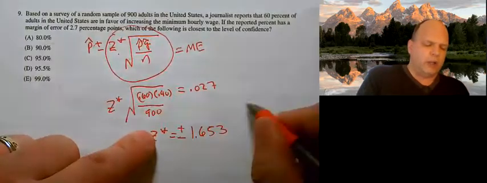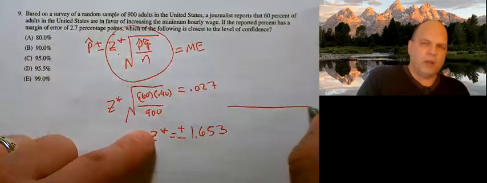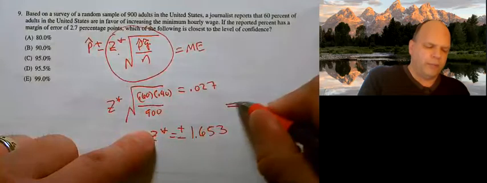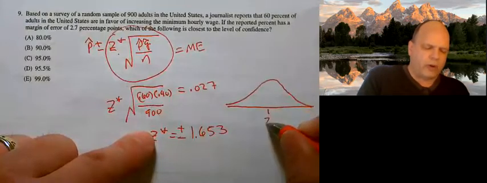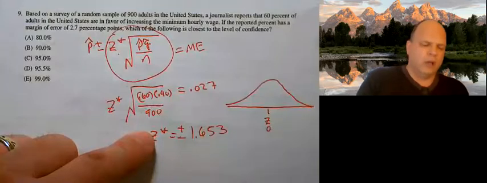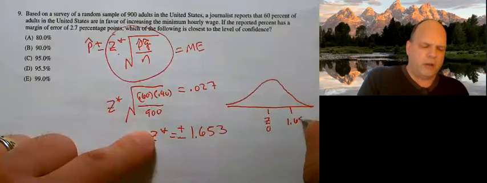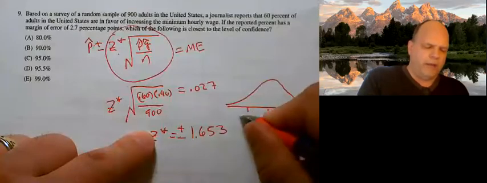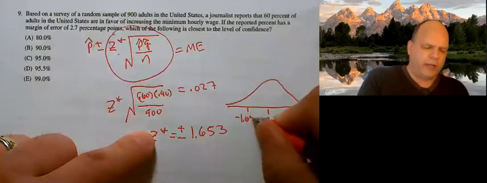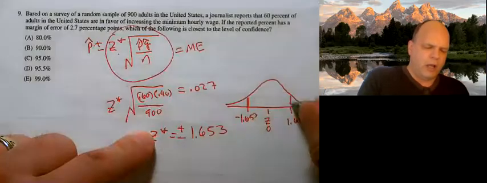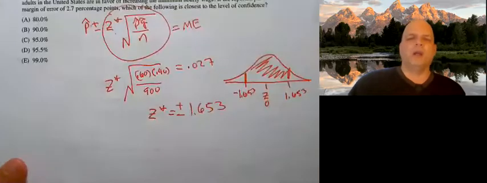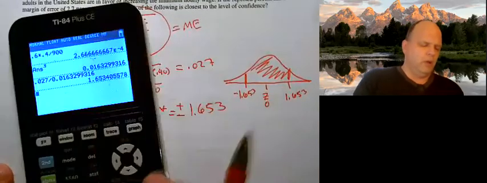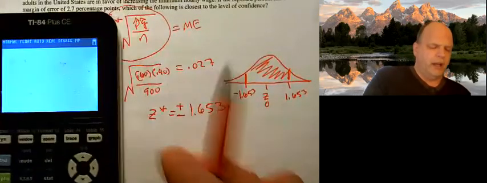So here's what we are looking for. We're drawing a normal curve and we're calculating the Z-scores. All Z-scores are centered on 0. So we have an upper bound of 1.653 and a lower bound of negative 1.653, and I'm looking for the area in between. We can do this using a normal CDF.